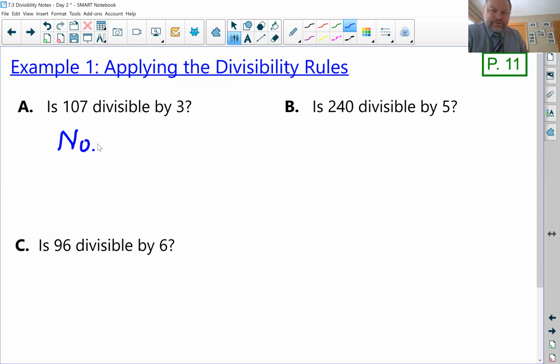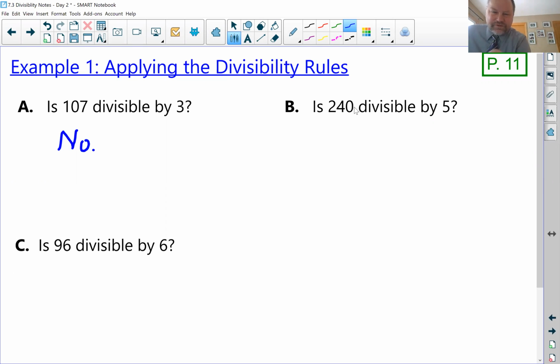What about 240? Is that divisible by 5? The rule for divisibility by 5 is the number ends in 5 or 0.